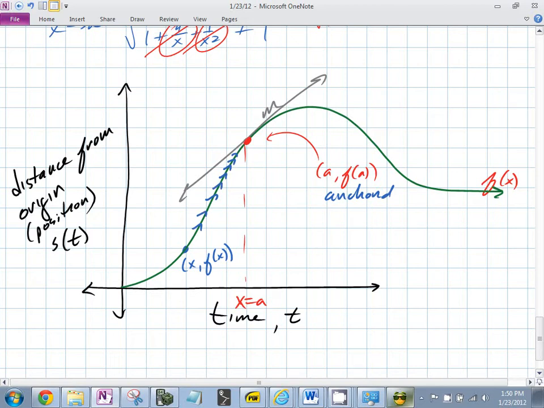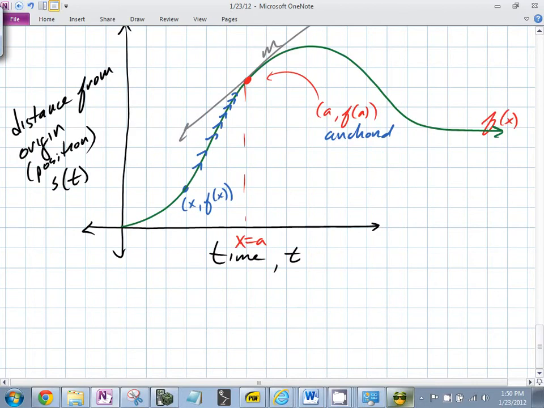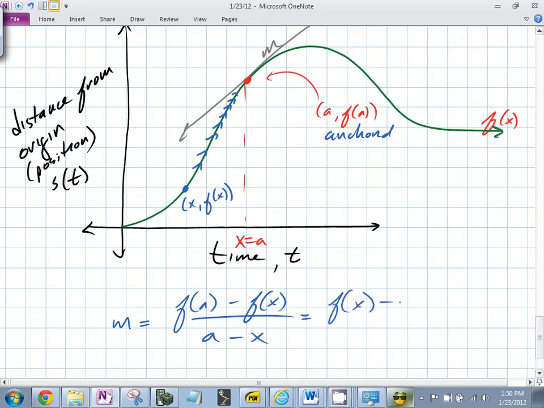So if we have those 2 points right there, can you tell me what's the slope between those 2 points? f of a minus f of x, over a minus x. What's another way to write that same exact thing? f of x minus f of a, over x minus a. It's the same exact thing, right? So that's the slope of the secant line.